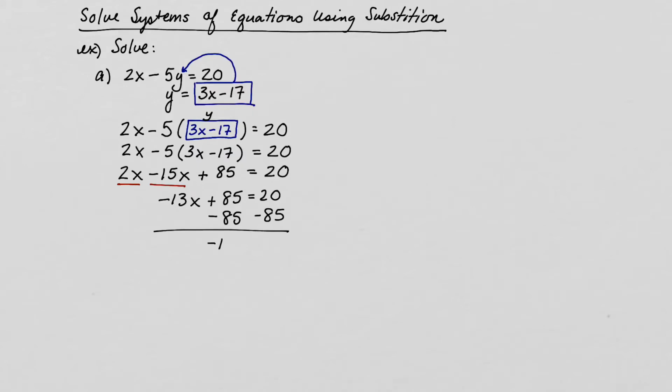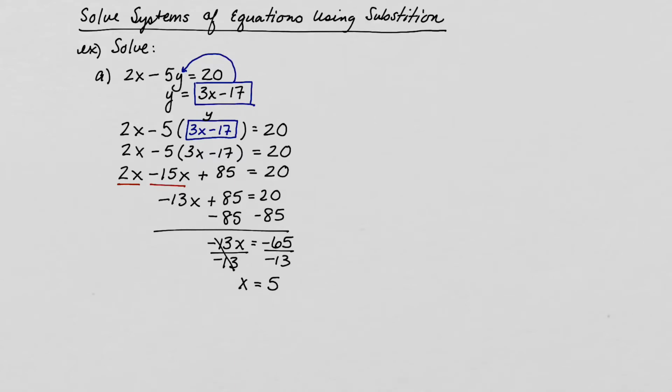Then I have minus 13x equals negative 65. Then I'm going to divide both sides by negative 13 to get the x by itself. Negative 65 divided by negative 13 is positive 5. So x turns out to be equal to positive 5.